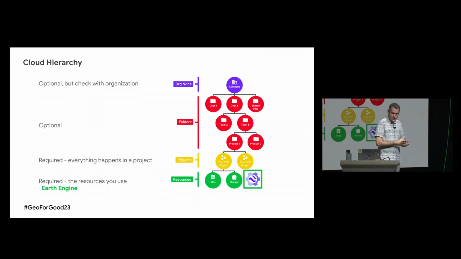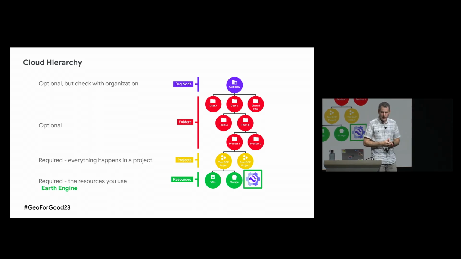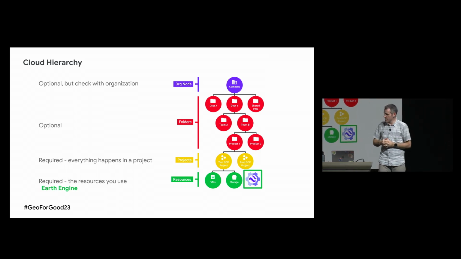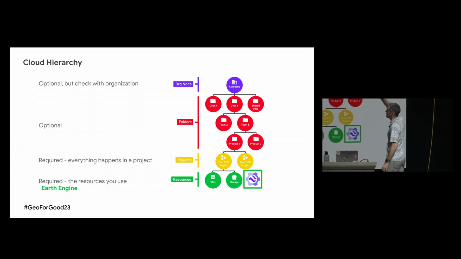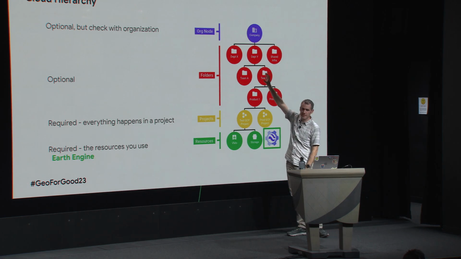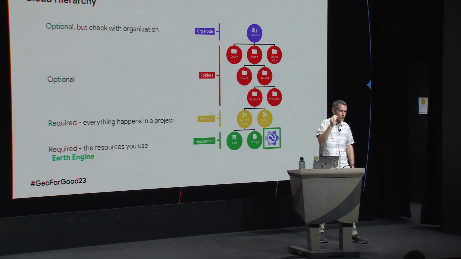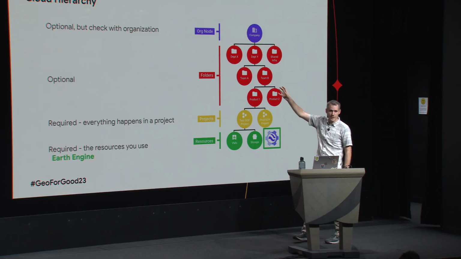So when it comes to Google Cloud, there is a hierarchy that has to be followed. And this hierarchy starts at the very beginning with an organization. Now, depending upon the organization you work for, or depending on if you are operating as an individual or as part of an organization, this may or may not be optional.